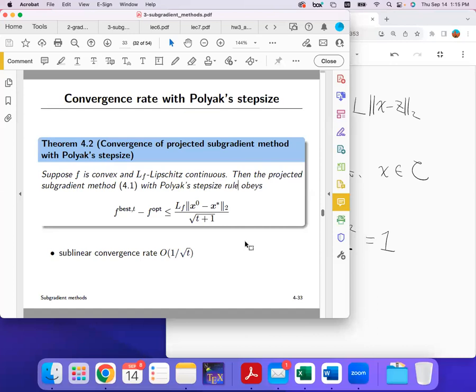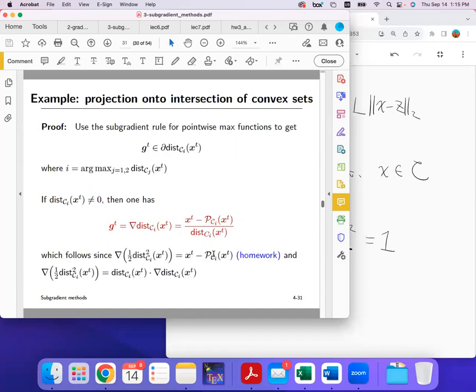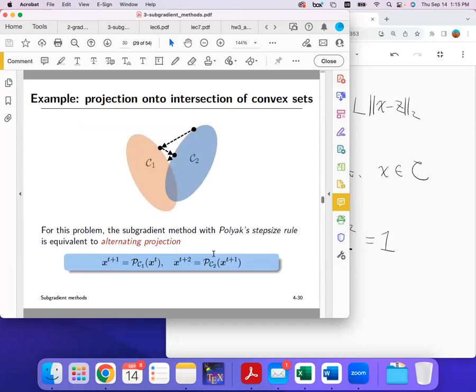Okay. Because that distance is the function value of that problem. It's the objective function value of that problem. Okay, so this is a general result, but it covers this one as a special case. Okay, a very classic problem.